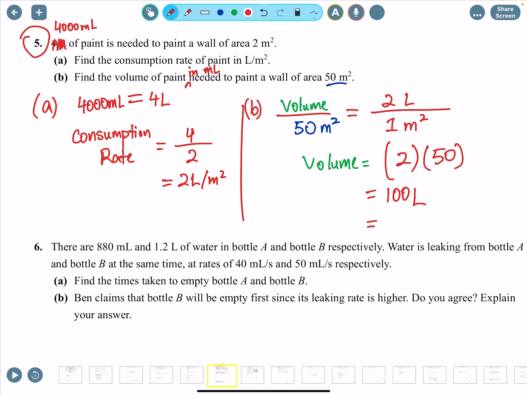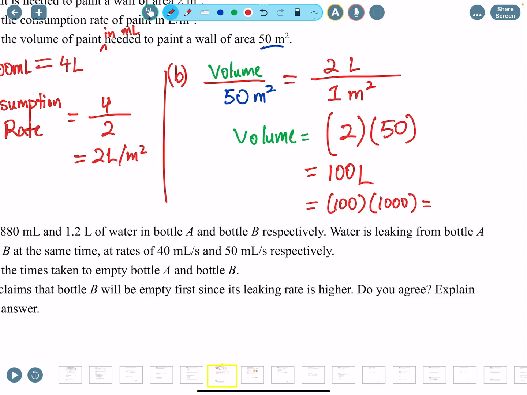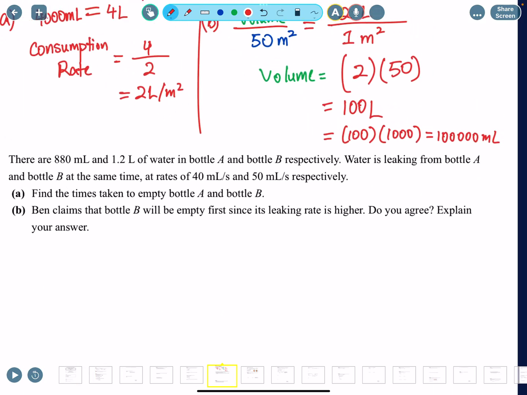So in order to change this to ml, you need to multiply an extra 1,000, or you can make use of Google. Ask them, what is 100 liters in ml? They will tell you that it's 100 times 1,000, and it's going to be 100,000 ml. That's how you do this question about changing the unit.